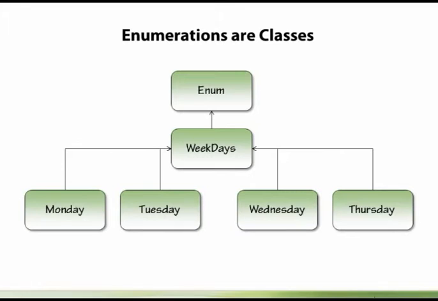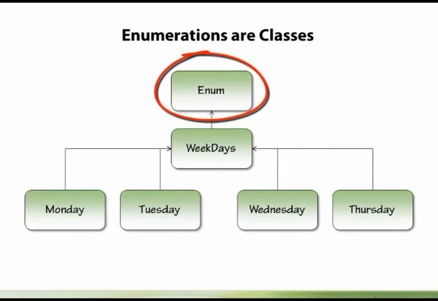So I have a diagram here, and you can see here that we have a diagram of weekdays if we created a weekdays enumeration and what it would look like conceptually. And you can see that the weekdays enumeration that we created would inherit from basically an enum class.